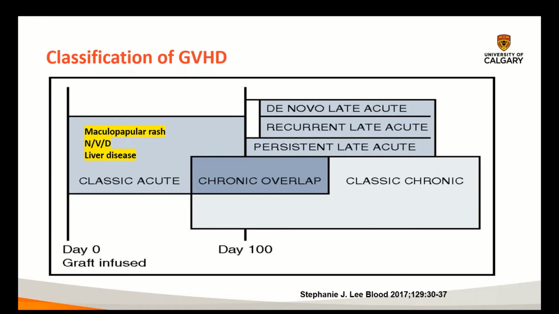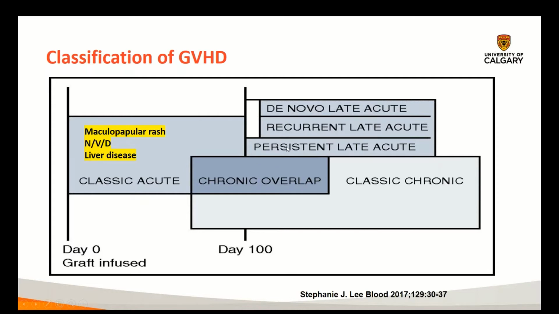So acute graft versus host disease can be called classic if it occurs within the first 100 days. It can also be called de novo late acute if it's occurring for the first time after day 100, recurrent late acute if it's recurring after day 100, after the initial classic acute before day 100, or it can be called persistent late acute if it started before day 100 and is persisting after day 100.